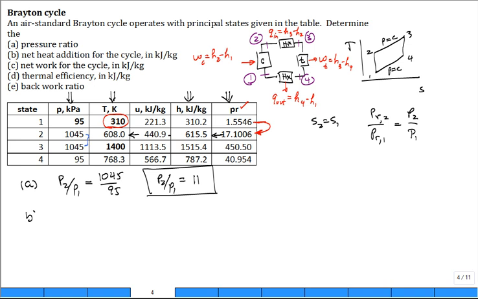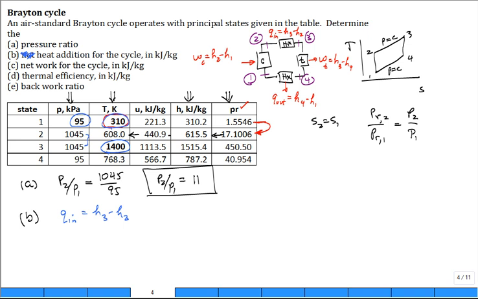How about for part B? The heat addition for the cycle. This word net is confusing, shouldn't be there. Just what is the heat addition for the cycle? Isn't that lowercase q_in? Isn't that H3 minus H2? Notice that this bold and this bold, true, those are typically things that are fixed. They tell you the inlet pressure, inlet temperature, and the maximum temperature.